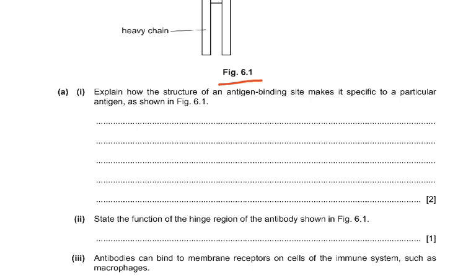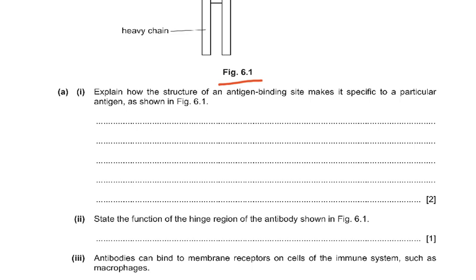Figure 6.1. Antigen binding site has a variable region and has a shape that is complementary to the antigen. The variable region has specific sequences of amino acids, which is the primary structure, and different amino acids have different R groups, so give different tertiary structure and shapes for binding to antigens.